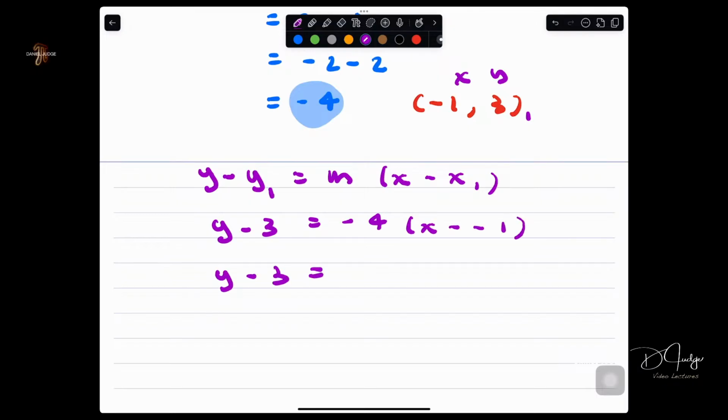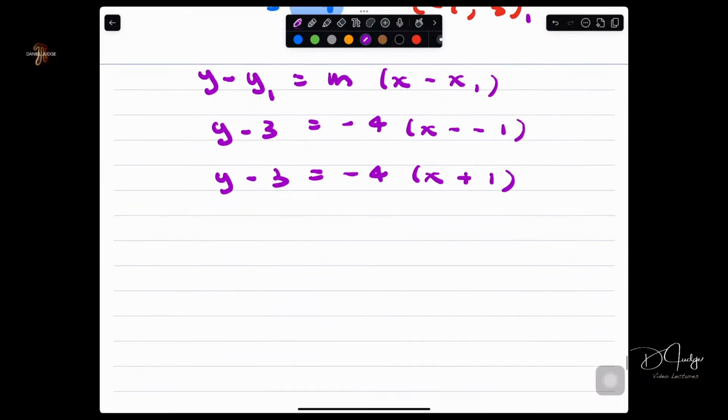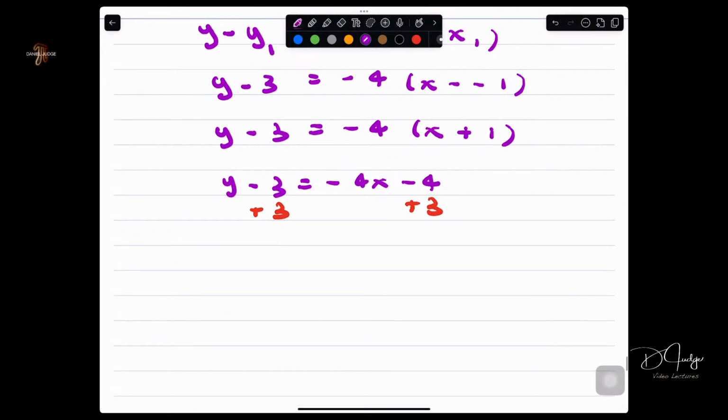Y minus 3 is -4 times x plus 1. And y minus 3 is -4x minus 4. We're going to add 3 to both sides now. Y is -4x minus 1. So here's the equation of the line tangent to the curve at that particular location.